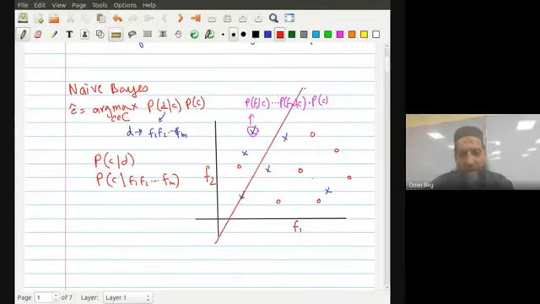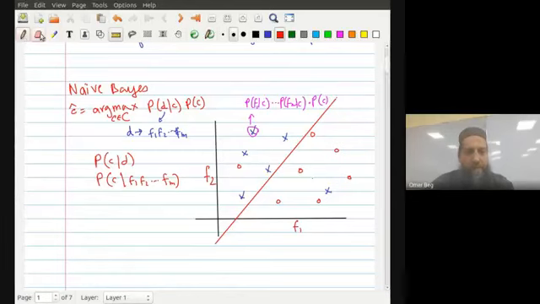This can be a linear function, this can be a linear function, and there can be even more. So let's say our regressor is trained and it learns this linear function. What it would say is that anything above this function is going to get class 1.